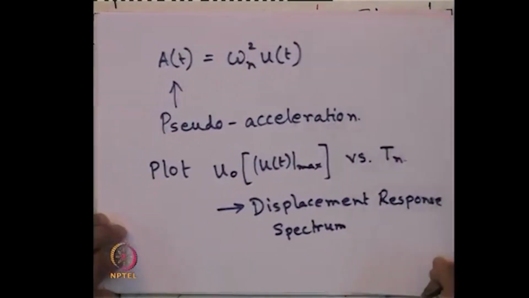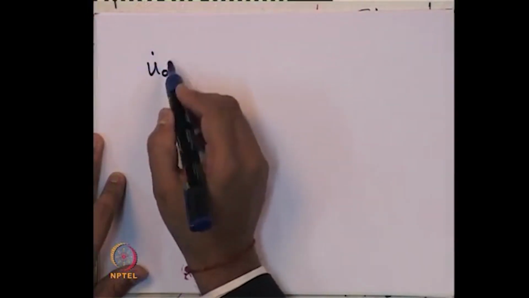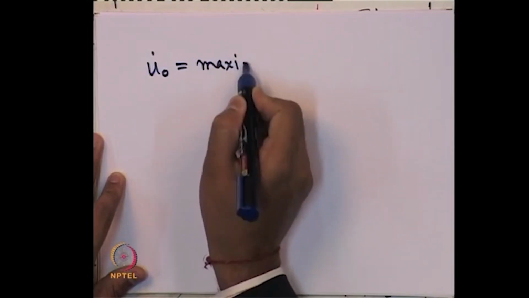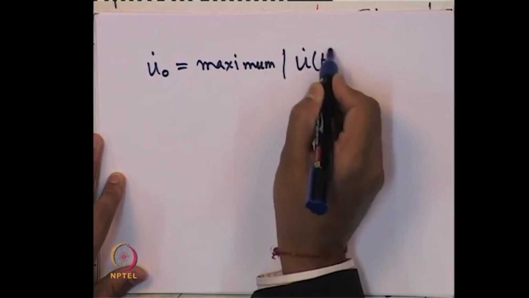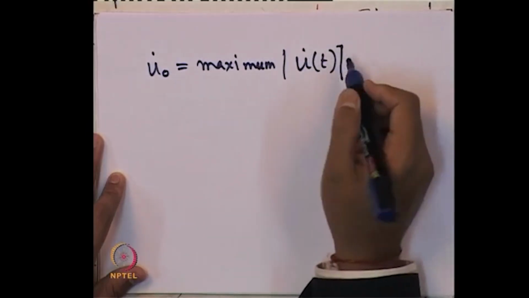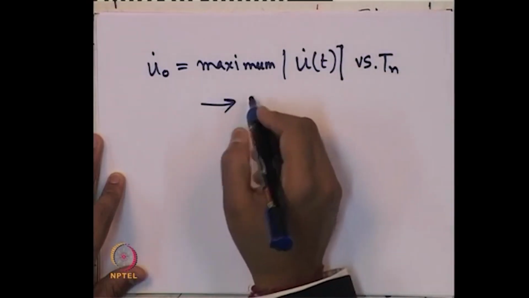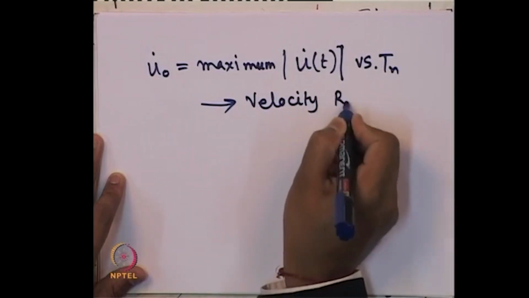And if you differentiate it further, this u naught with respect to time, what you get over here, u naught dot, is nothing but the maximum of this u dot t versus the T n. That plot will give us the velocity response spectra.